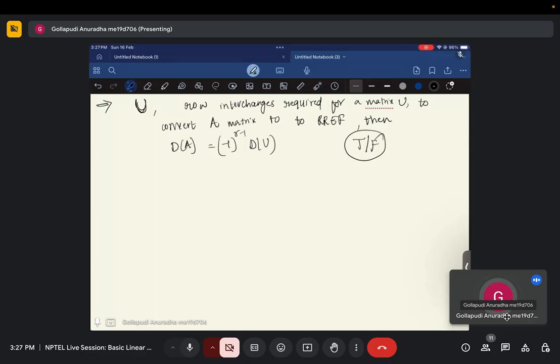To convert a matrix A, r row interchanges are done to convert the matrix A to reduced row echelon form. Then the relation between the determinant of A and determinant of U I am giving as this.